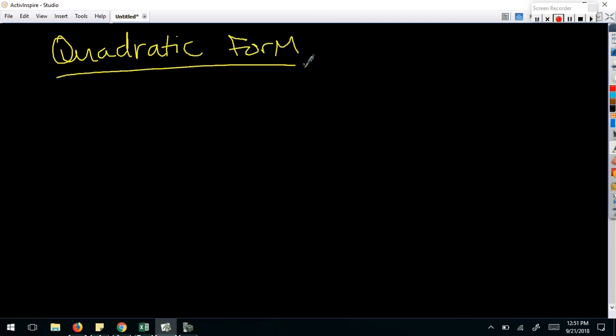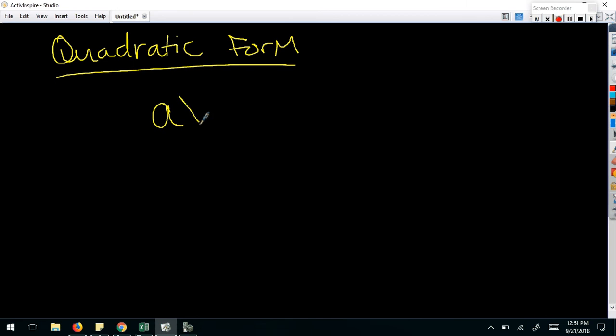Sometimes we have a polynomial in what we call quadratic form, meaning it's not a quadratic, but it's very similar. Why is it not a quadratic? Because the exponent can be bigger than 2. Remember, in a quadratic the biggest exponent is a 2.